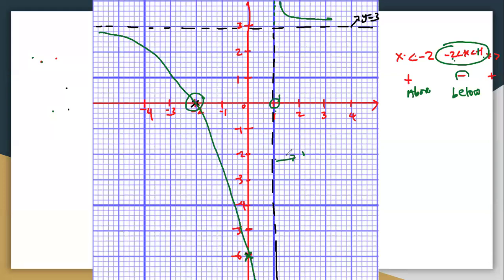They will never cross it. For horizontal, it is okay, they can cross it, but for vertical, they don't cross it.